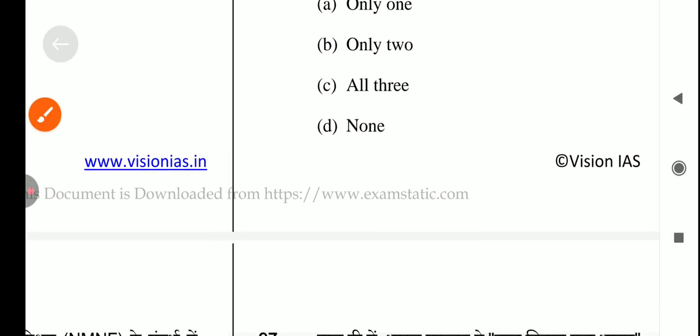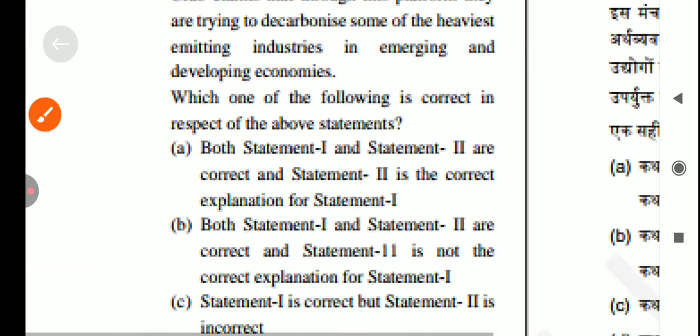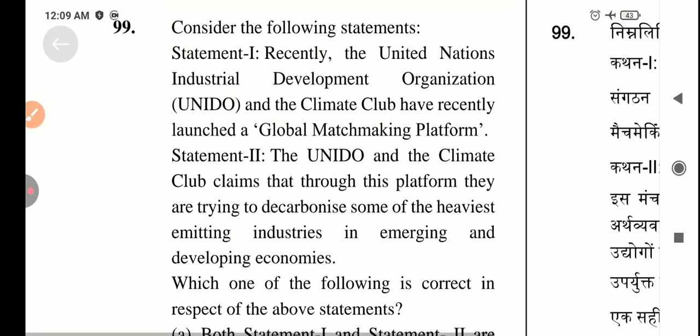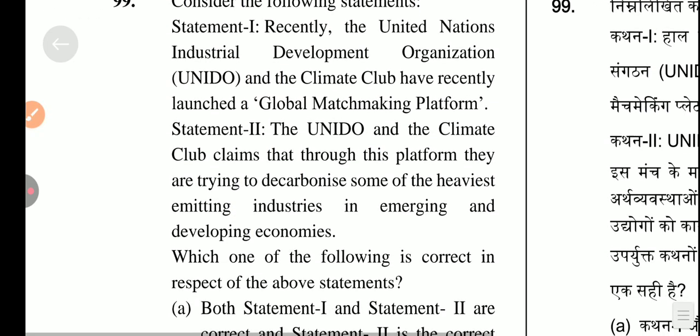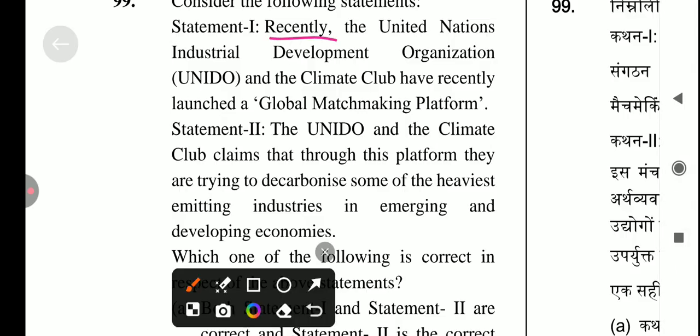Let's come to the next question. Consider the following statements. First is, recently the United Nations Industrial Development Organization and Climate Club have launched a global matchmaking platform. So the first statement is correct.